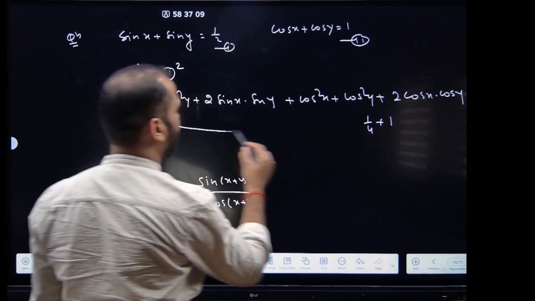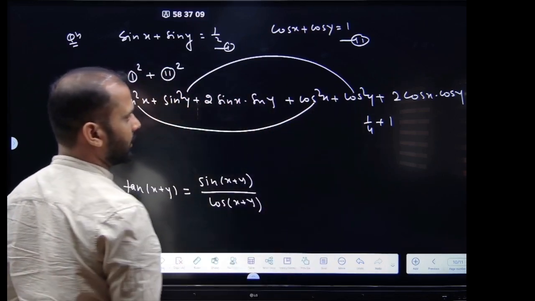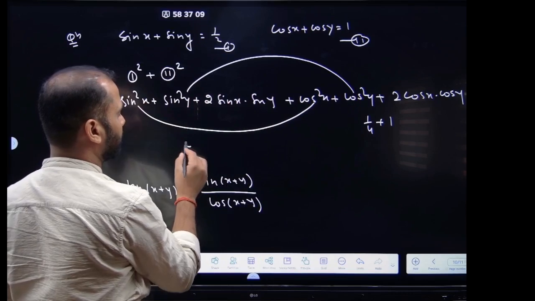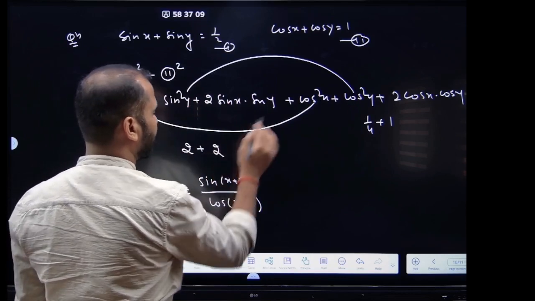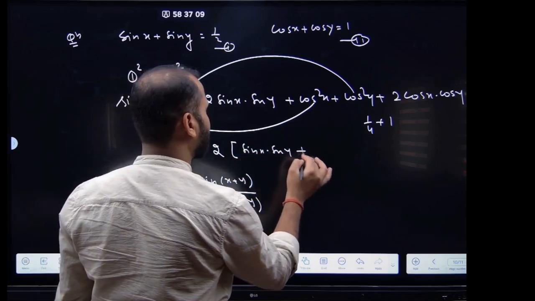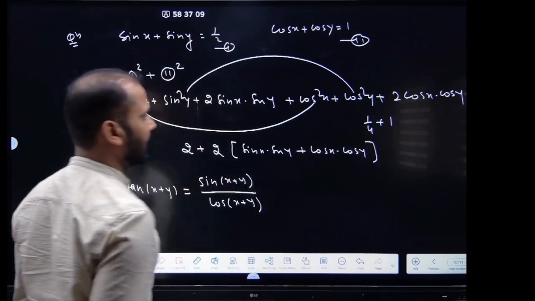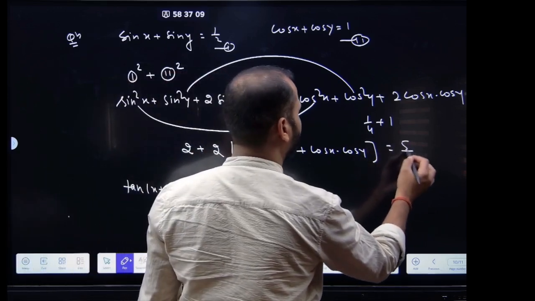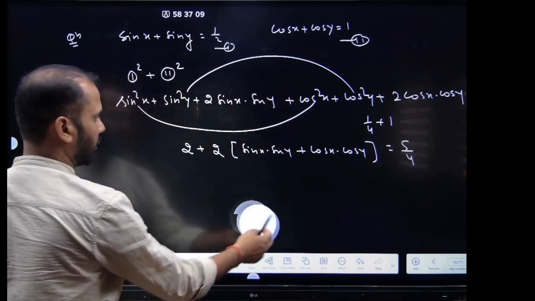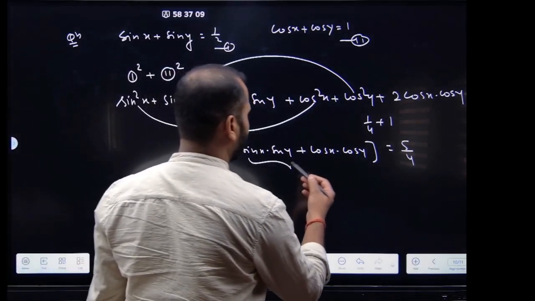Now sin square plus cos square will be 1. Sin square plus cos square will be 1. Can I write 1 plus 1, 2 plus 2. Here what you will get? Sin x sin y plus cos x cos y is equal to 5 by 4. Yes or no? Can I write like this? Why am I writing this? Because this information's value we know.